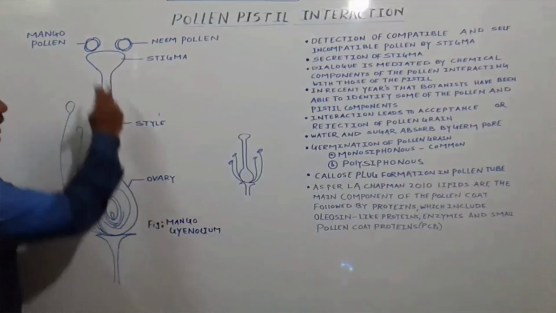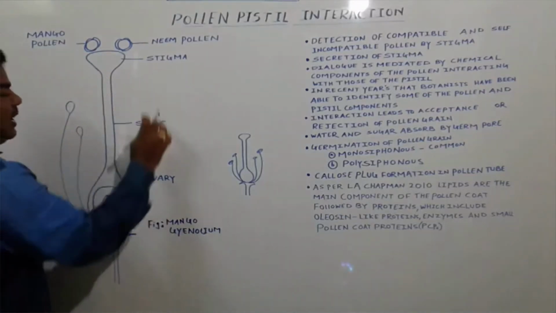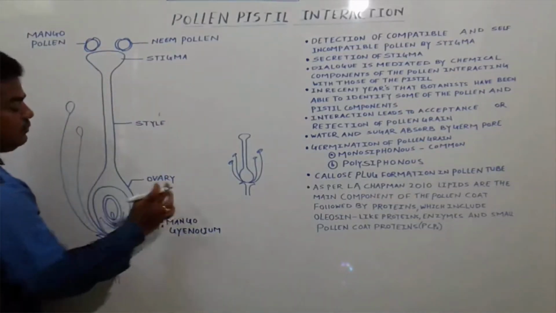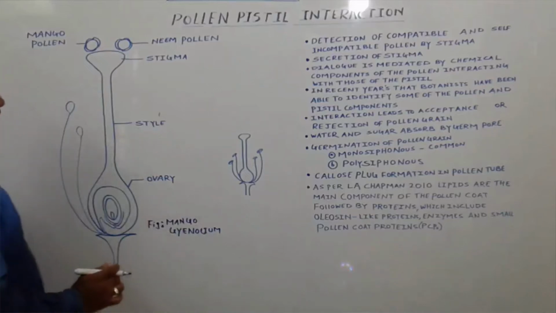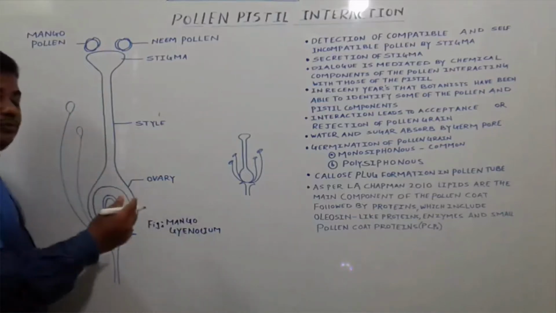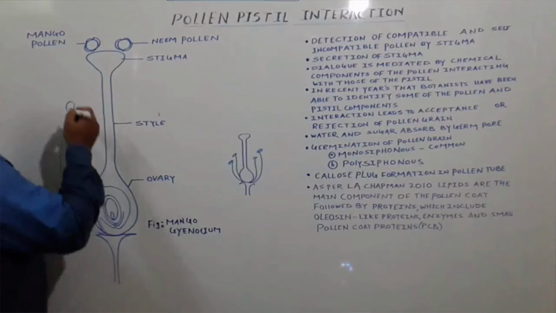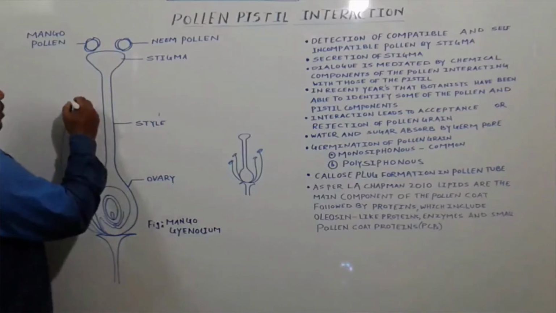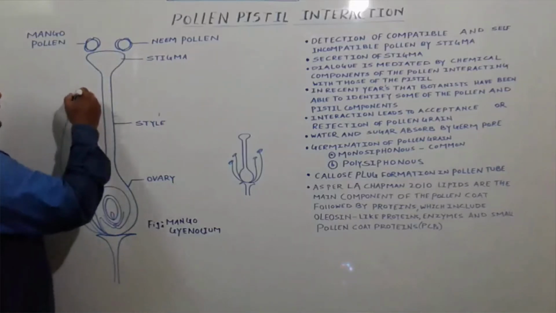This is the mango gynoecium, consisting of stigma, style, and this one we call what? Ovary.